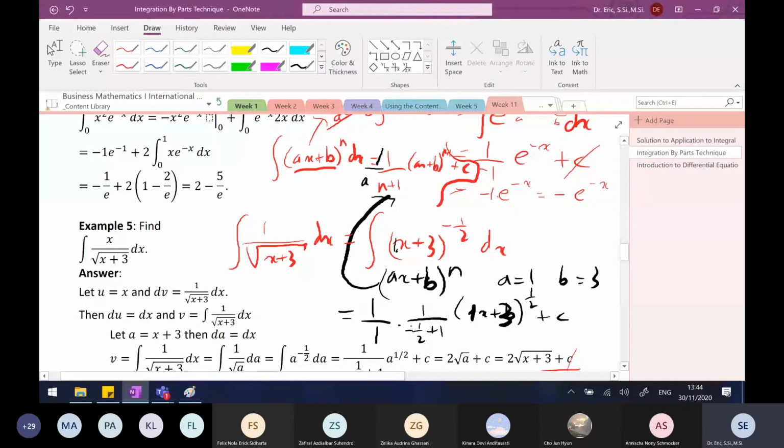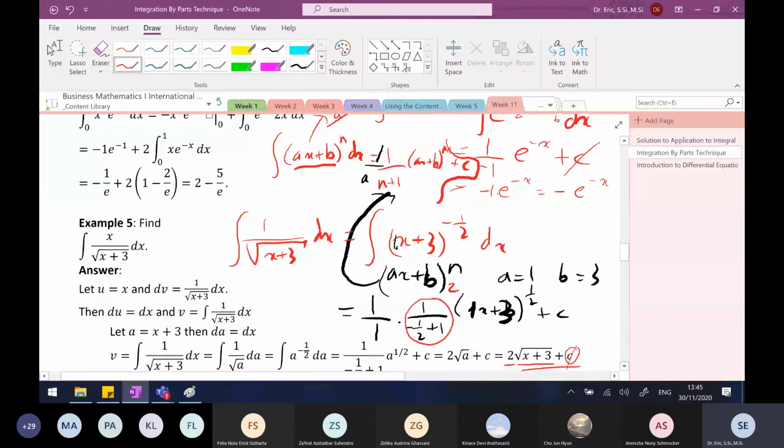So you have 1 divided by minus a half plus 1, which is a half. So you have 1 divided by a half, which is 2. So you have 2 times the square root of x plus 3 plus constant. The same.